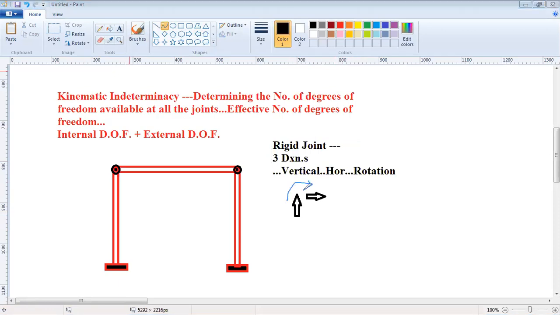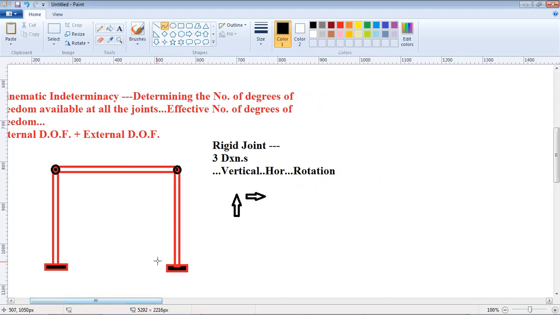So it's actually able to move in all these 3 directions. For a 2D rigid joint, each joint has 3 degrees of freedom. Now for a 3D rigid joint, it will have 6 degrees of freedom.